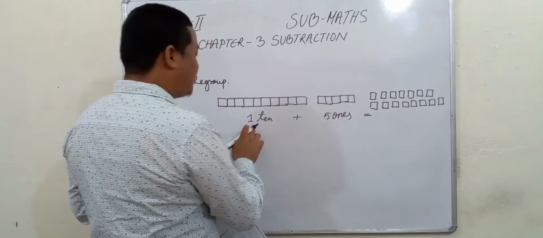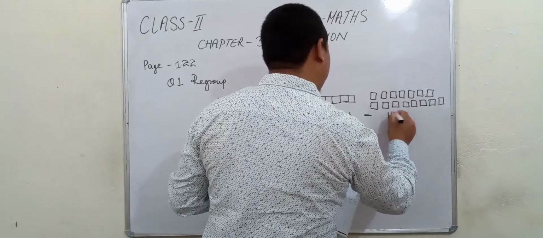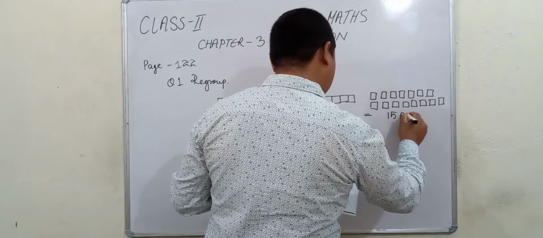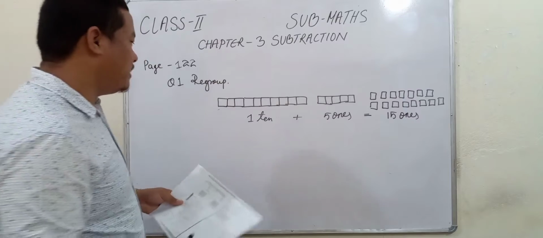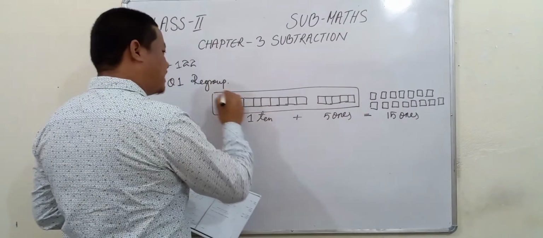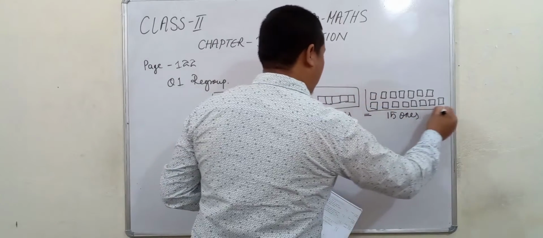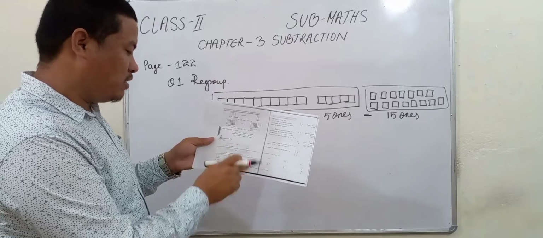Okay, that means 1 ten plus 5 ones is equal to 15 ones. 15 ones. Okay, in this way you have to solve the next question. Okay, one more question is left now. This one downward you have to practice.